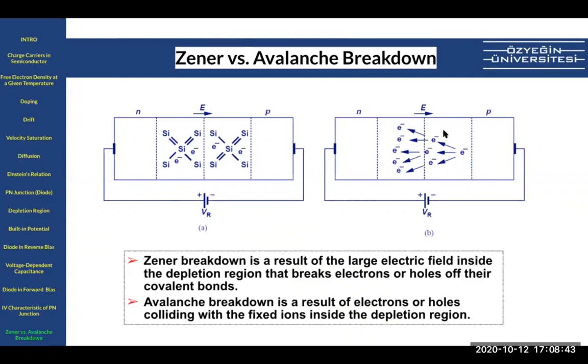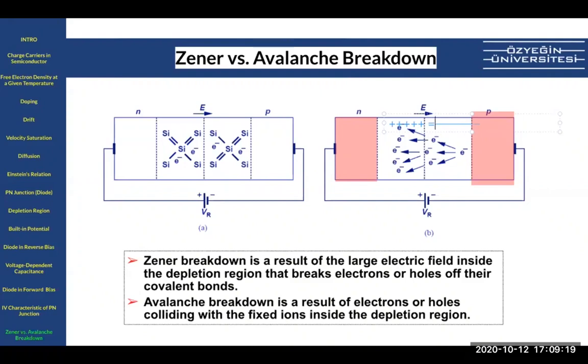In the avalanche breakdown, the electrons and holes in the depletion region start to collide with the fixed ions inside the depletion region. Normally they were supposed to stay outside, right? The electrons are supposed to stay here, the holes are supposed to stay here, and there were supposed to be a lot of ions here, and a lot of ions at the right side, right?